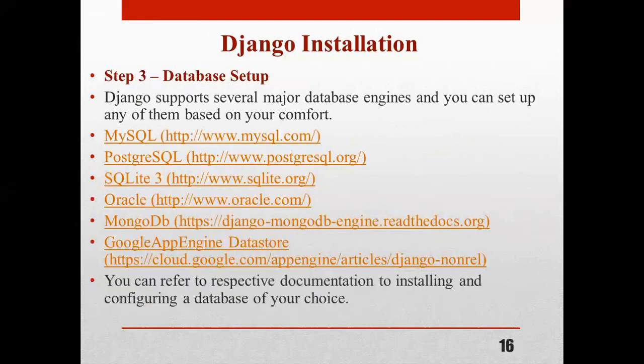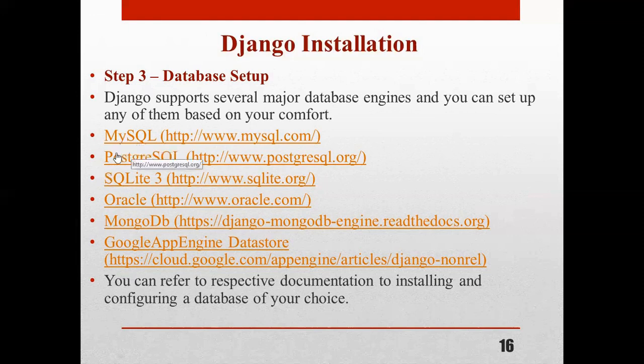Then the third step is database setup. We have to set up the database. Django supports several major database engines, and we can set up any one of them based on the user's comfort.